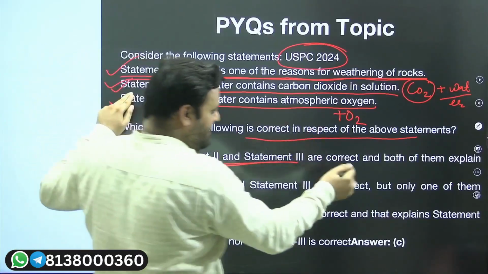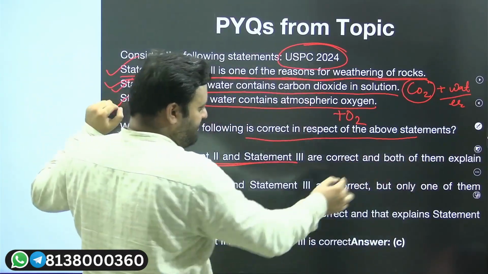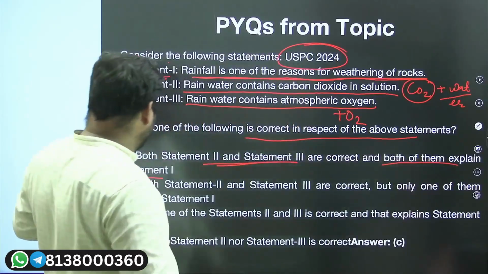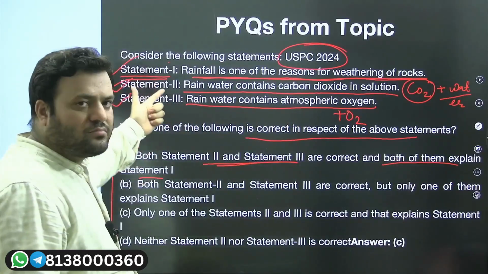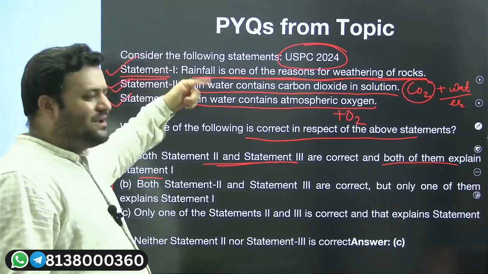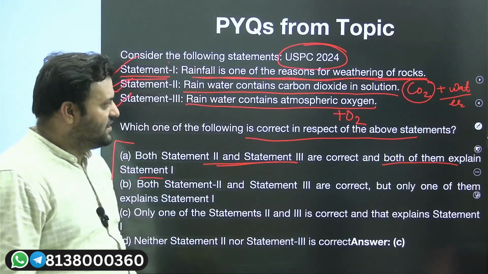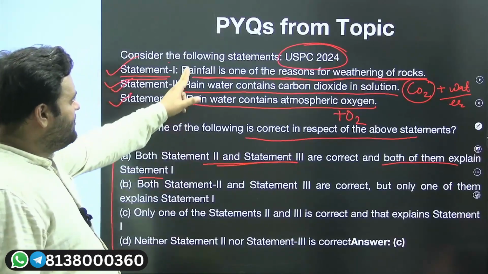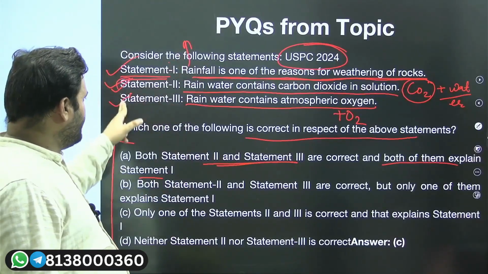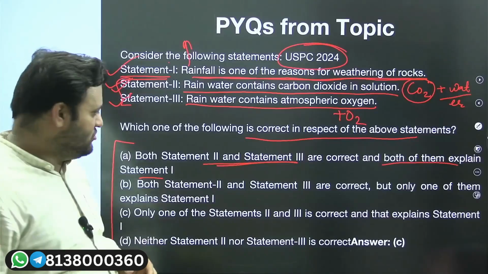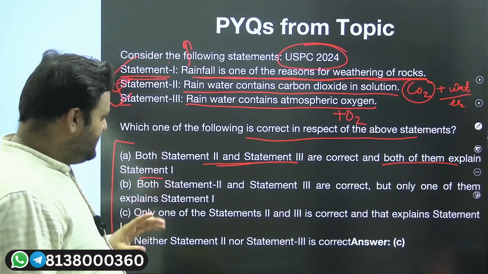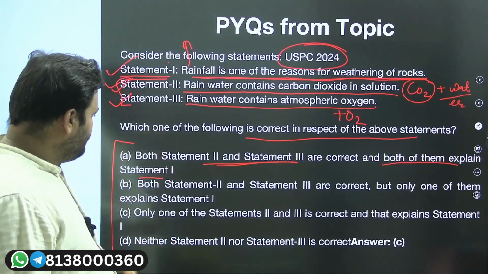What is the remaining one? Both of them explain statement 1. Statement 1 is completely different. It is talking about physical weathering, and these two are actually talking about chemical weathering. So this is there. Now let's move ahead.